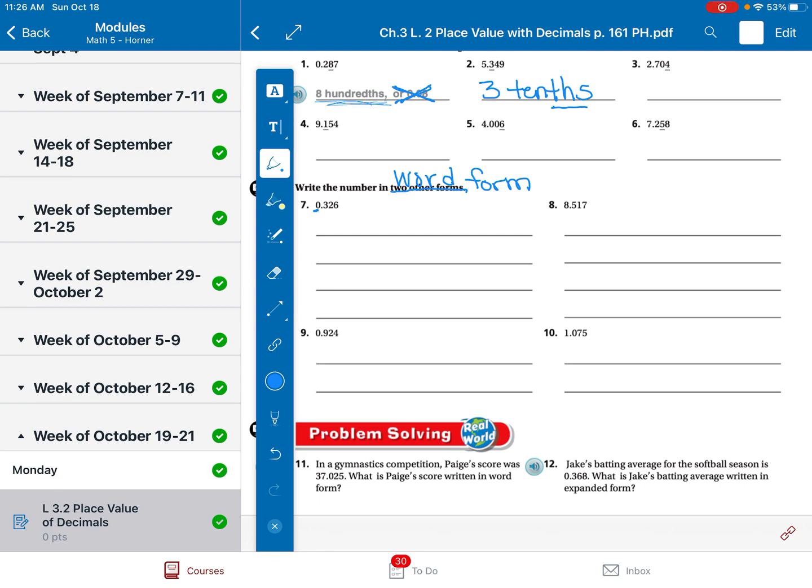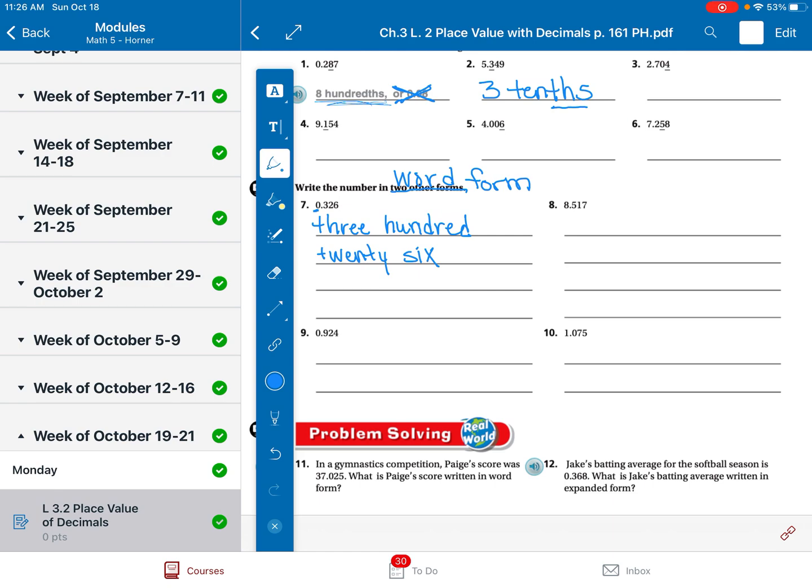So, this is how we would write word form for number 7. 326, that's our number right there, right?